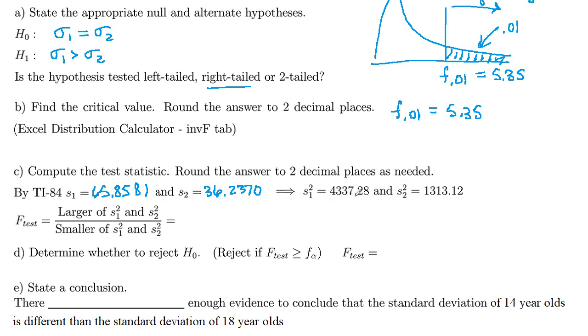And if you square that 65.8581, you get 4337.28. Square the 36.2370, round to 2 decimal places, 1313.12. So we put the larger variance on top. That's the 4337.28. Smaller variance in the denominator, 1313.12.